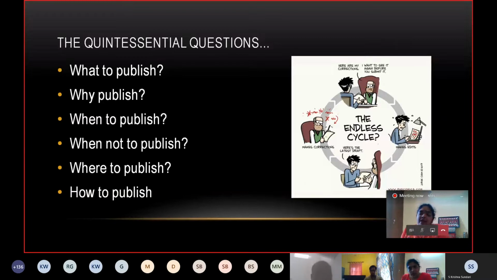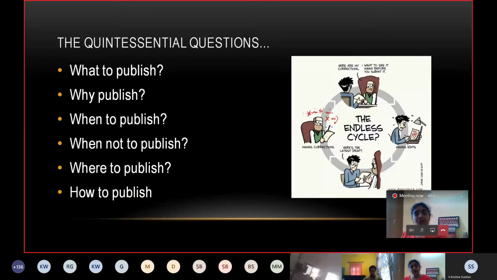Then the question comes, when to publish and when not to publish. Let us say you are a researcher in the third year of your doctoral registration, and you would like to publish, but your supervisor says, no, just hold on for a while, because I think your work is patentable. That is a very important caution that you should observe.